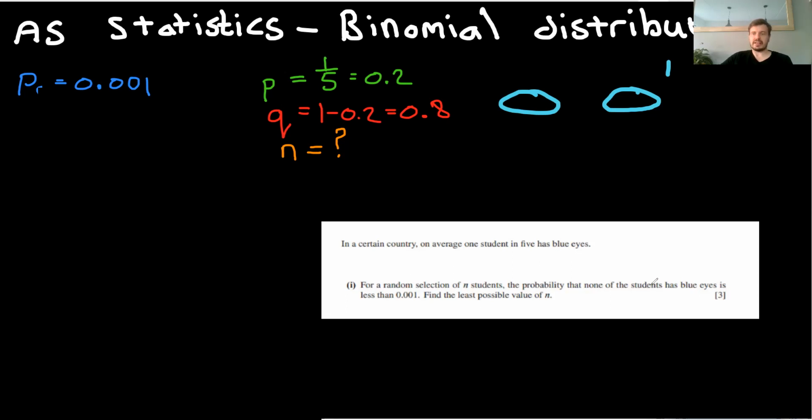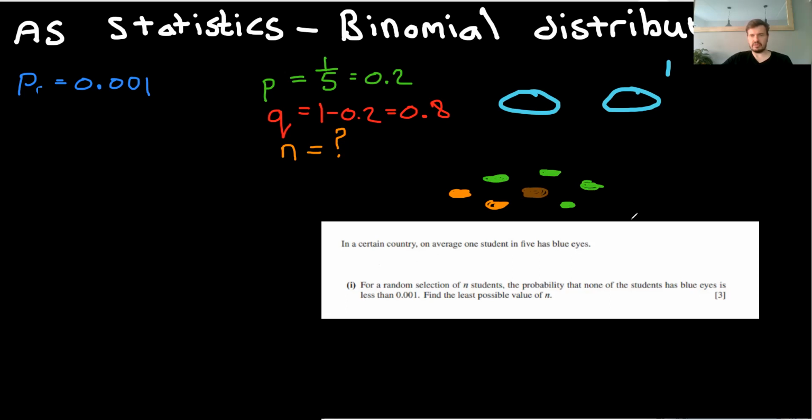Okay, the probability that none of the students have blue eyes, right? None have blue eyes. So if we picked a bunch of students, none of them would have blue eyes. We could have hazel eyes, we could have brown eyes, some with green eyes. But we don't want any with blue eyes.